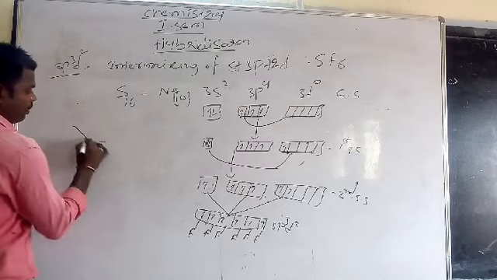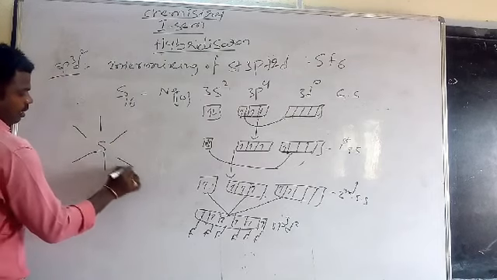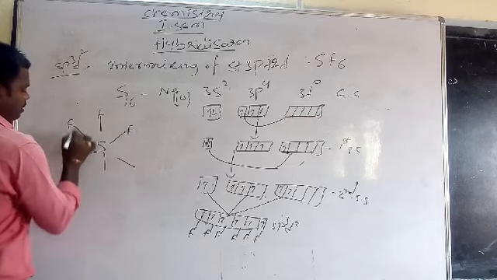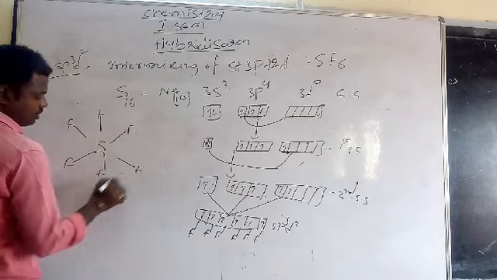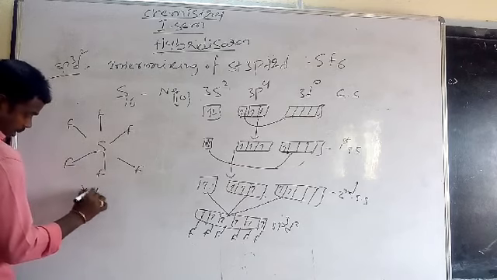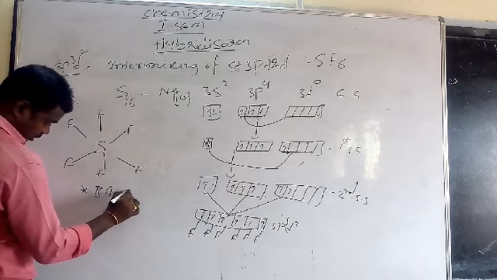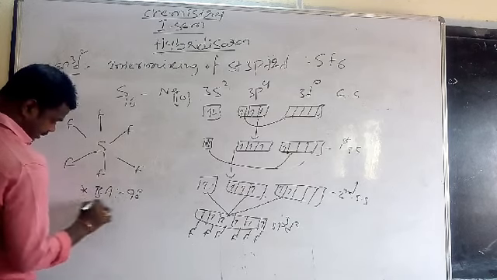The center atom is sulfur. The 6 fluorines are at the 6 corners. The bond angle of the SF6 molecule is 90 degrees.